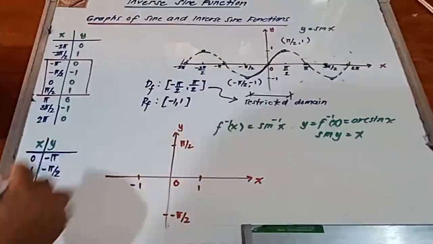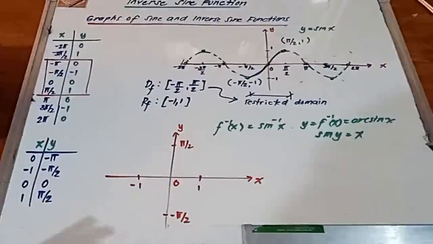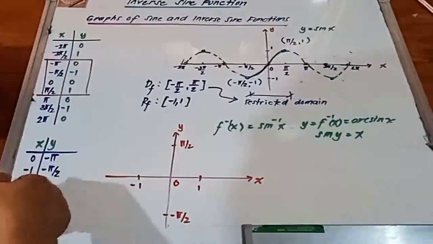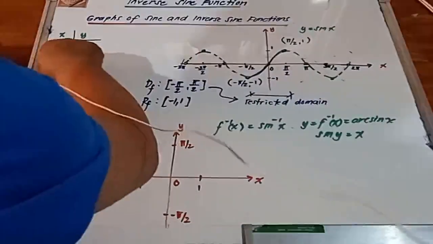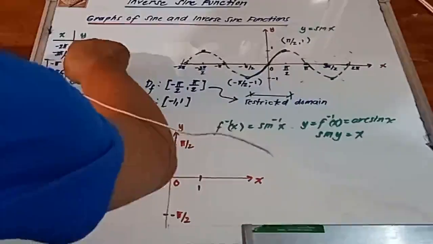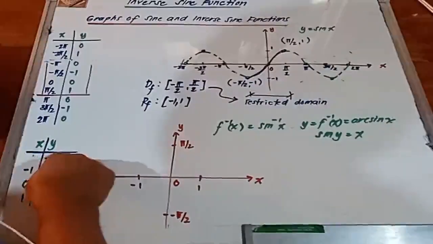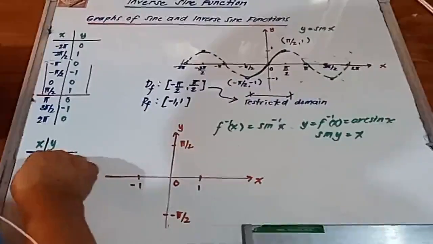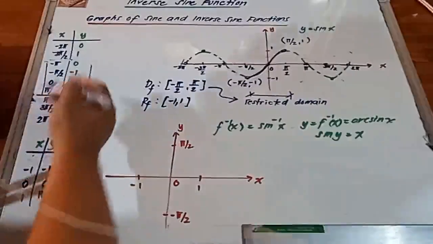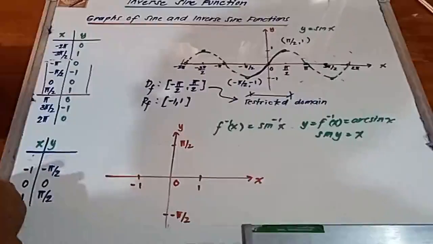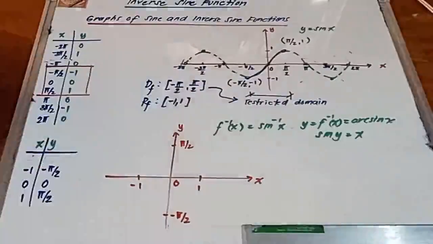Now, graph natin yung set of points na to dito sa isang Cartesian plane natin. Ang ating domain lang, i-consider ito. So, from here lang. Yan natin yung points na to.